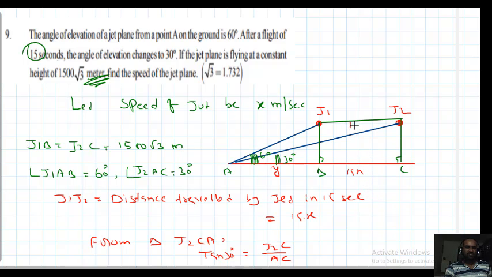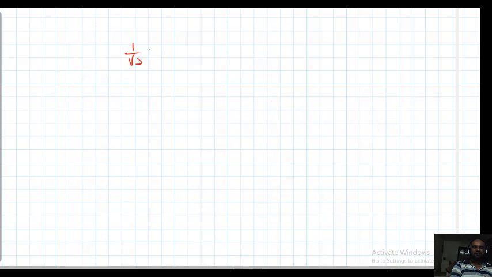Leave it as 15x, you write as it is. Let AB equal y. I will write it on the next page. 1 by root 3 equals 1500 root 3 by y plus 15x, or y plus 15x equals 4500.